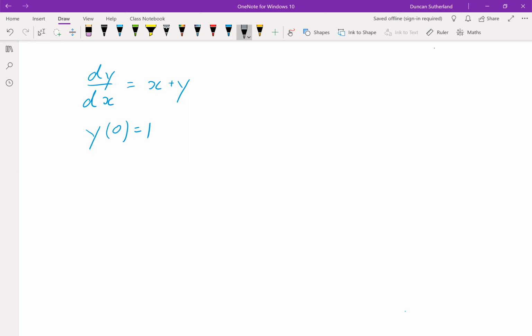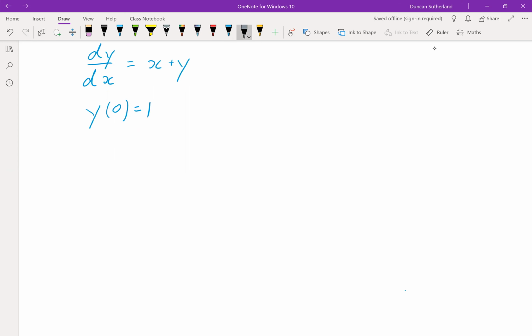So let's just begin with our axes. And again, take a bunch of test points. And obviously we'll look in these quadrants as well, and we'll try and work out what this thing's going to look like.